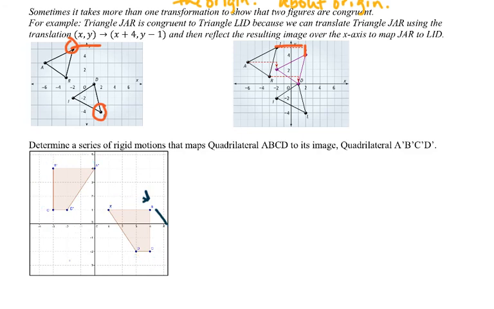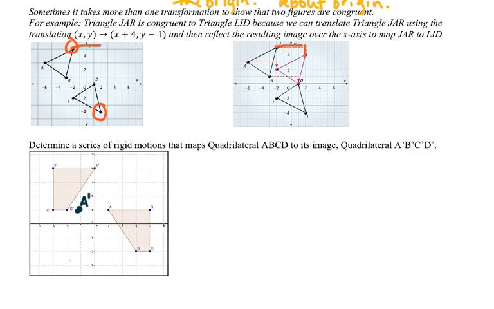Alright, so the reflection could be, we have lots of choices, but it can't be the y-axis right now. Because if it's the y-axis, then A prime would come over to here. But if I go ahead and reflect it over the y-axis, this would be A prime.